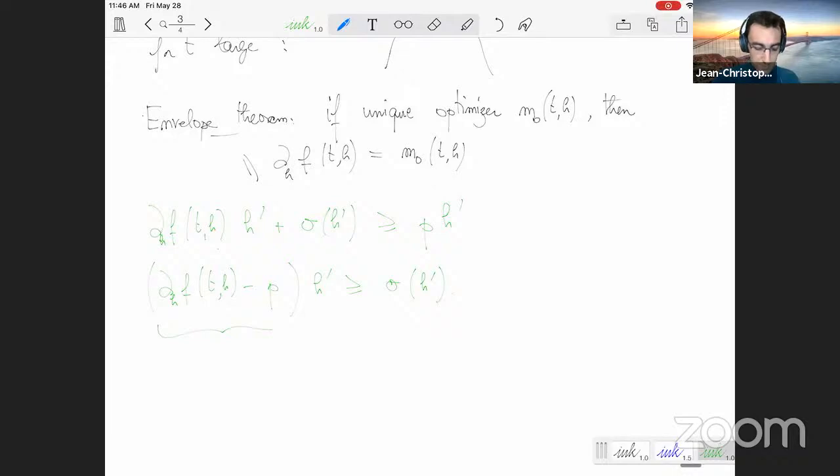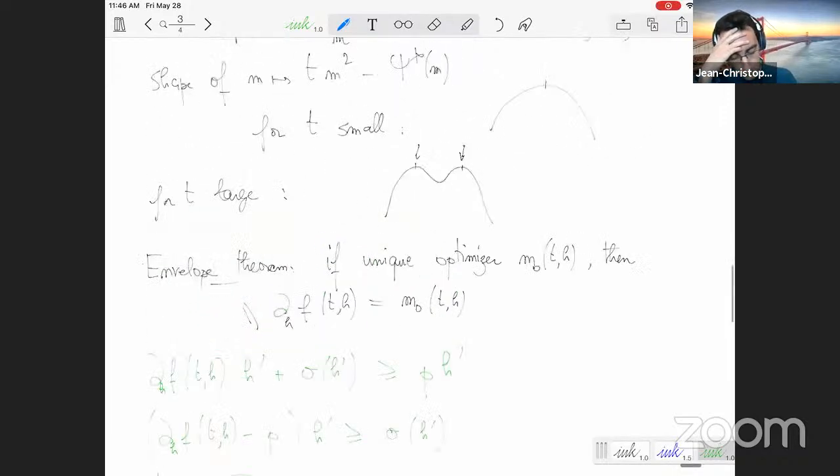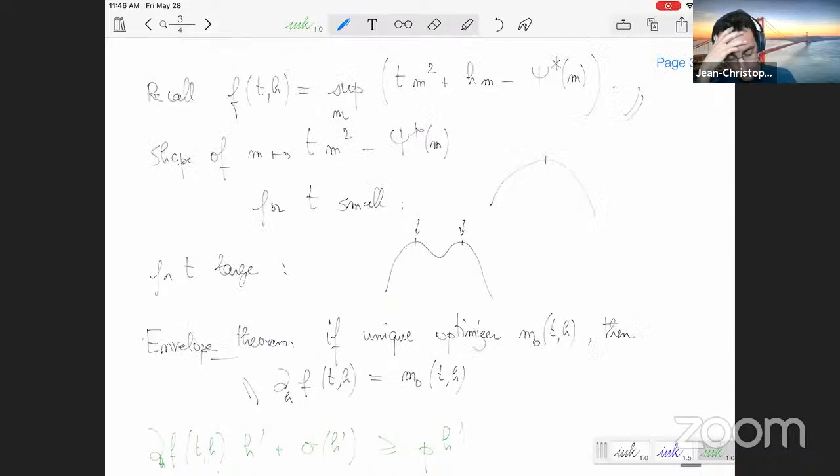Yeah, so there are questions about the envelope theorem. It's not a very difficult derivation, but I'm afraid that I'm going to blunder it if I try now.